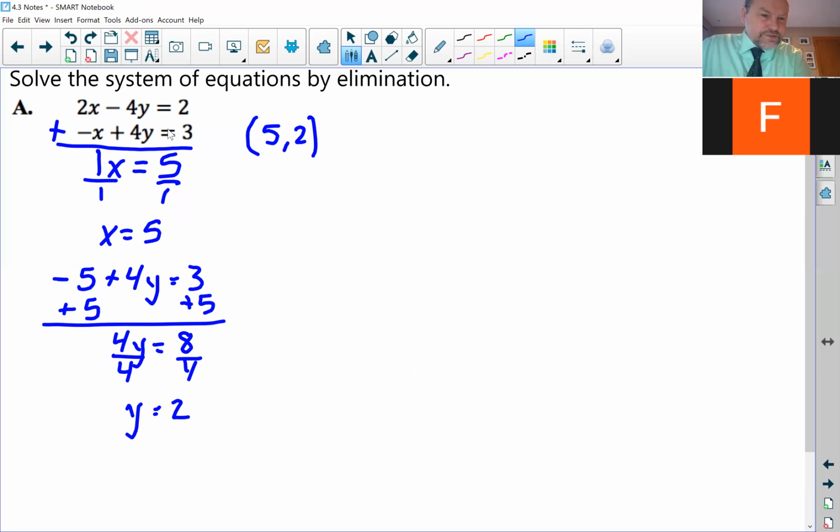And because I used the second equation to figure out my y value, I'm going to check it with the first equation. So 2 times 5 minus 4 times 2, is that equal to 2?